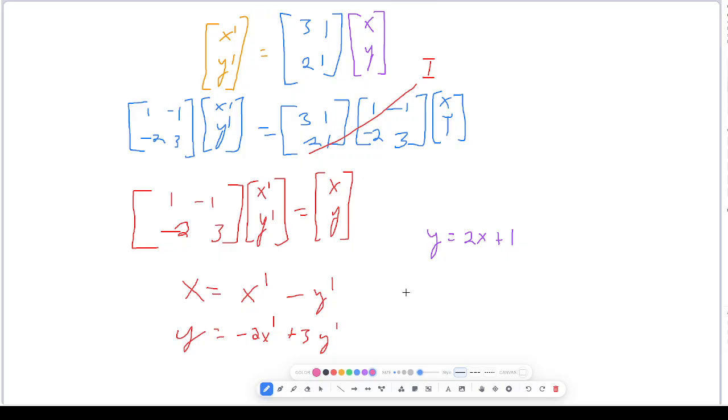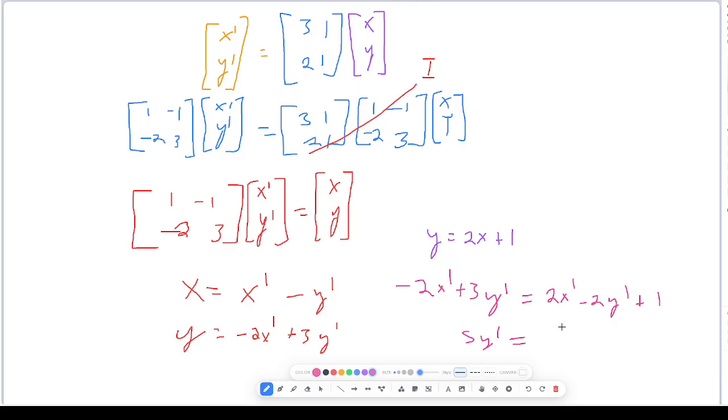Okay, so y is negative 2x prime plus 3y prime equals 2x prime minus 2y prime plus 1. Okay. So what we're going to do is add over the 5y prime.